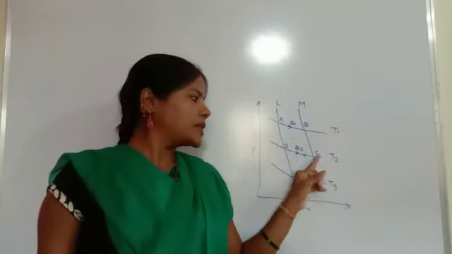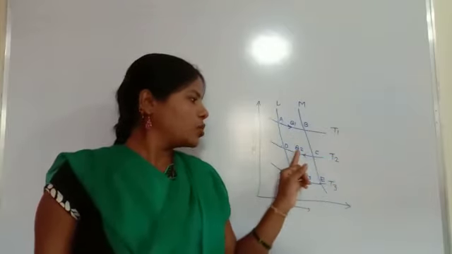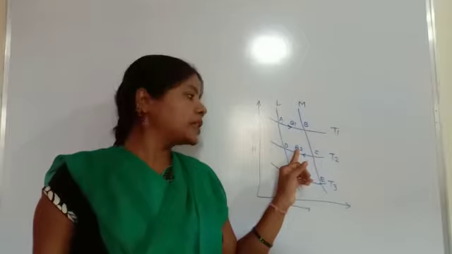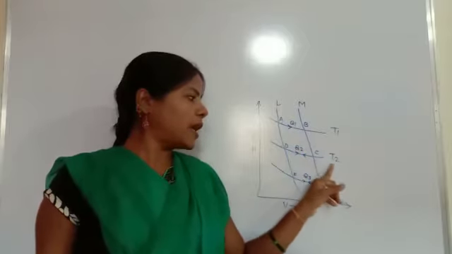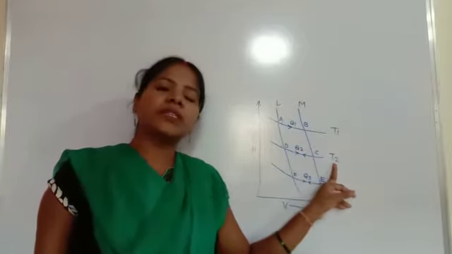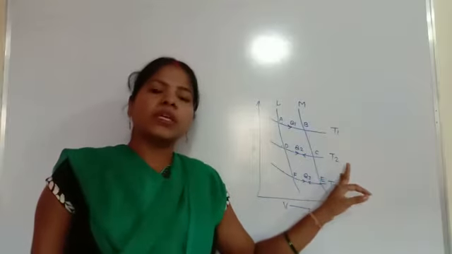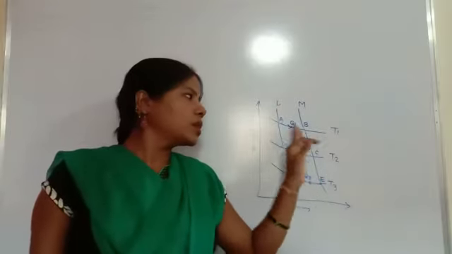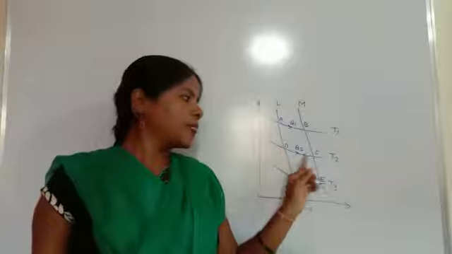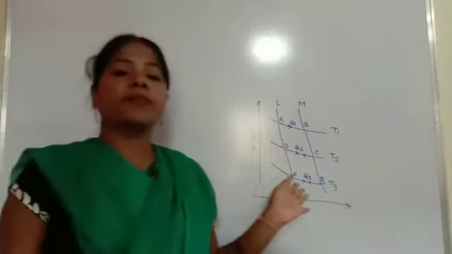Okay, and in the next step, Q2 amount of heat is rejected to the sink in going from C to D at temperature T2. Therefore, according to Carnot's theorem, the efficiency of Carnot engine A, B, C, D is given by 1 minus Q2 by Q1, which we saw in the previous class.